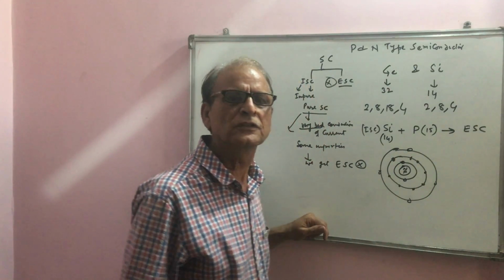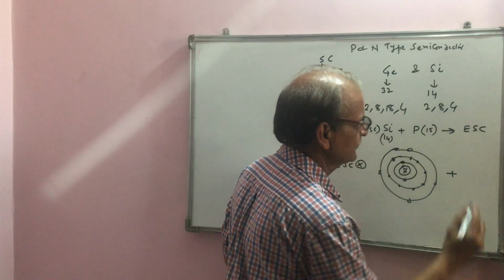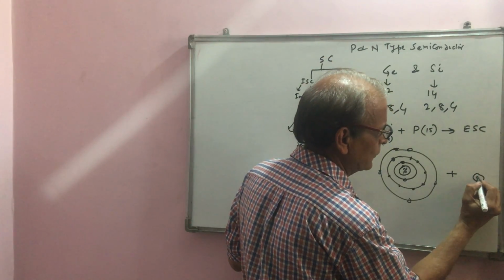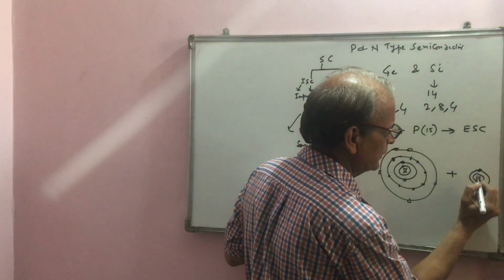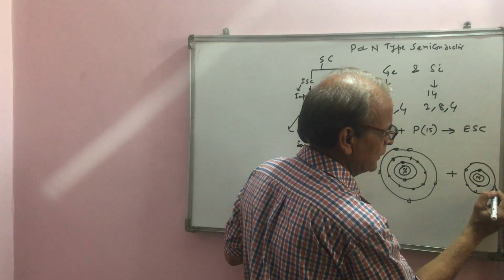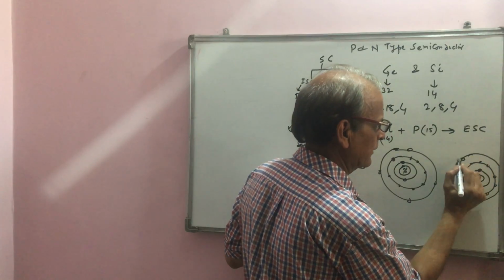And phosphorus, atomic number 15, atomic structure is like this: nucleus, neutrons and protons, first orbit 2 electrons, second orbit 8 electrons, and third orbit 5 electrons.